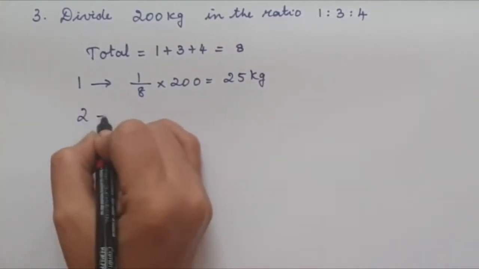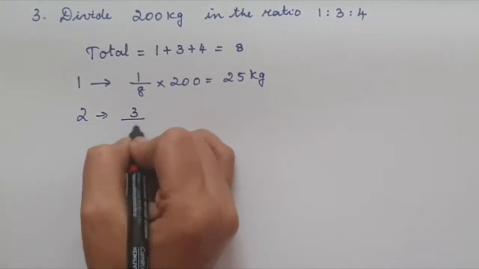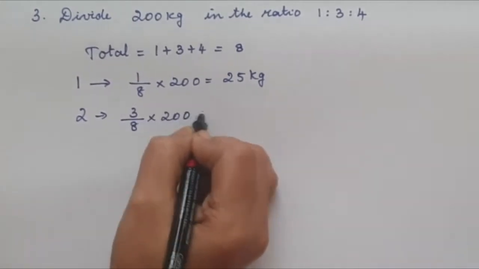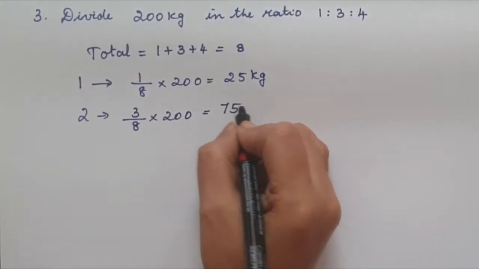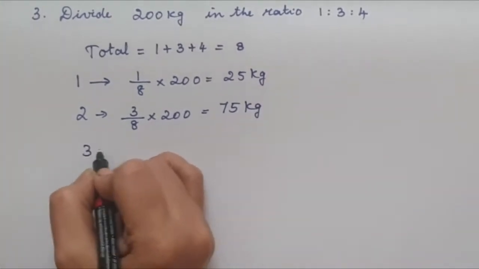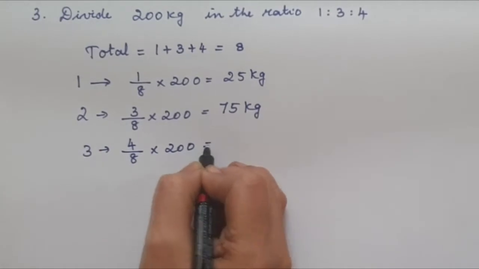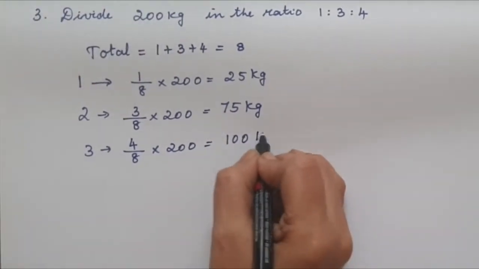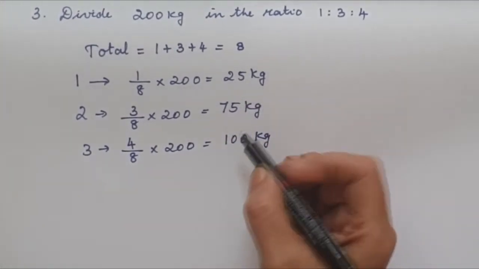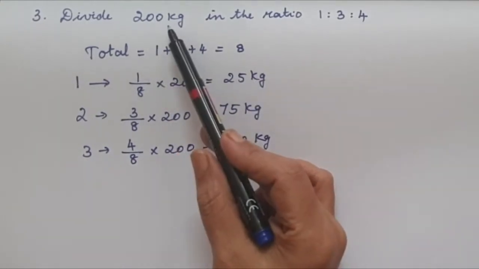Then the second share is 3 parts, 3 over 8 multiplied by 200, which is equal to 75 kg. Then the third share is 4 parts, 4 over 8 into 200, which will give us 100 kg. So when we add all of these, it will be equal to the total, that is 200 kg.